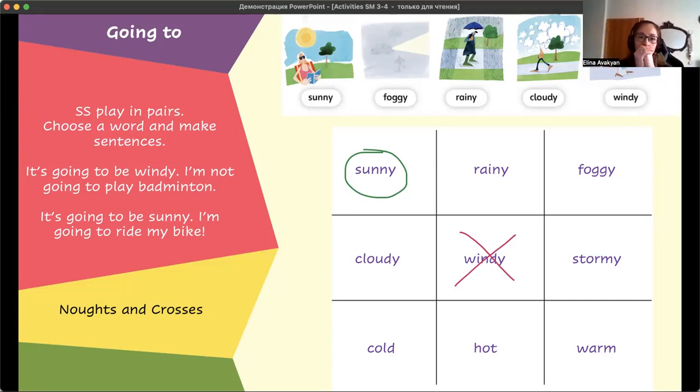So I asked my students to guess what the weather is going to be like in the next country. They make the sentence, it's going to be windy, and when they click on this button, Swap Window, they can see the picture. If the class is small, you can give each student a number of points, and if the class is big, divide them into teams and play as teams.